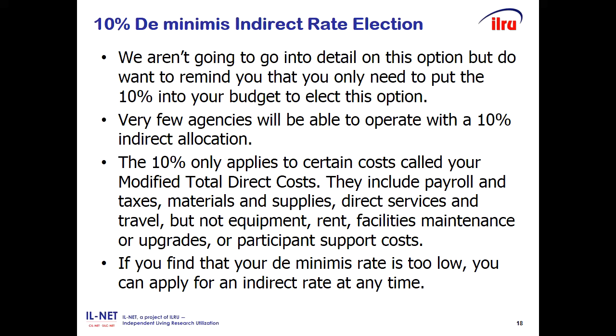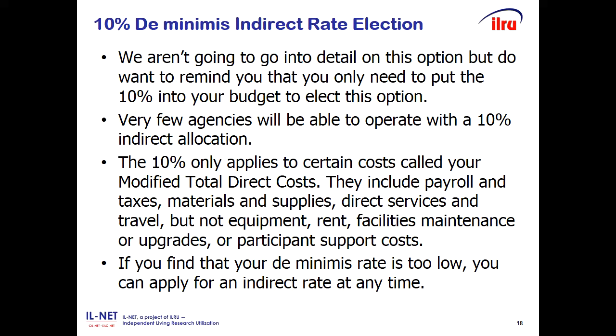But you know, it wasn't our intention to go into detail on the de minimis indirect cost rate here. This is really about how to deal with your indirect cost rate, but we do want to remind you that there's not a formal application process if this is what you've decided to go ahead with. You really just need to put it into your budget to elect the 10% de minimis option.